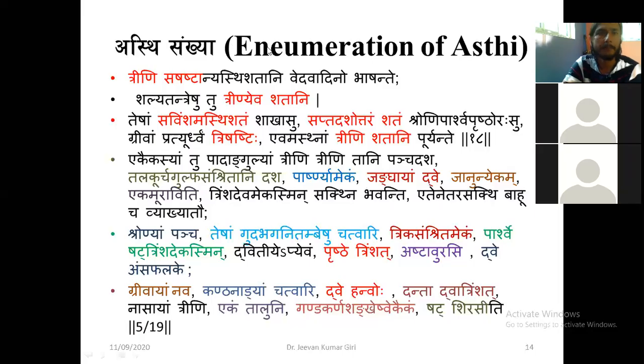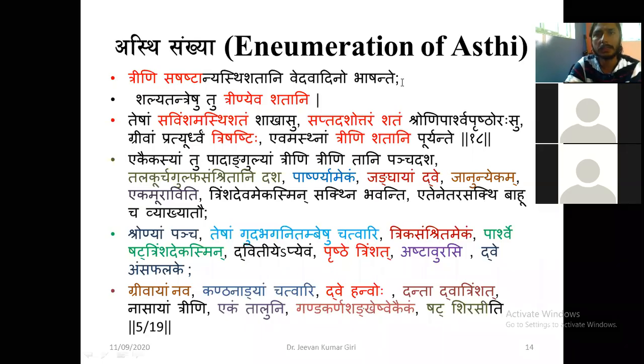Now see here. Asti Sankhya means the total count of the bones in the body. Trini Sasastanya Asti Satani Vedavadino Vasante. That means 360 bones are present in the body, and this is told by the various Vedas and Samhitas, which have mentioned the number of bones as 360.